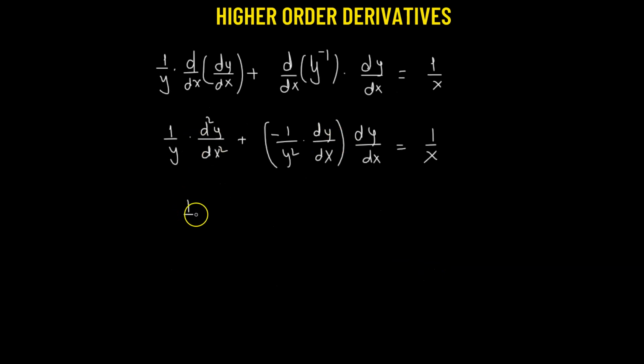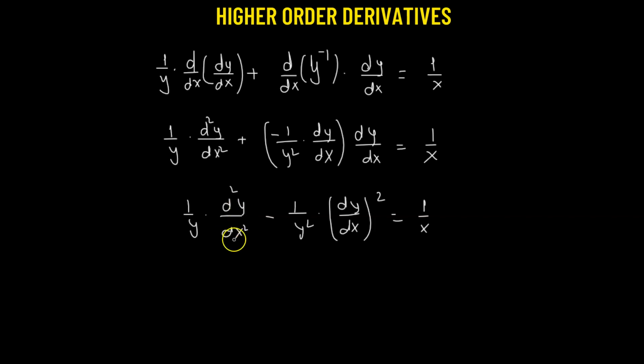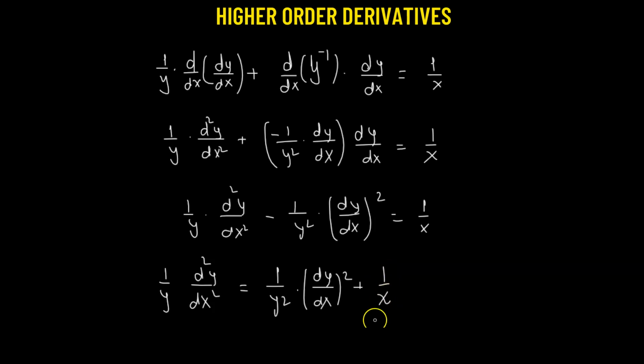So we get 1 over y times d squared y over dx squared minus 1 over y squared times dy over dx whole squared equals 1 over x. Now since we need d squared y over dx squared, we'll isolate d squared y over dx squared. So we have 1 over y multiplied to it, which will be equal to 1 over y squared times dy over dx whole squared plus 1 over x.